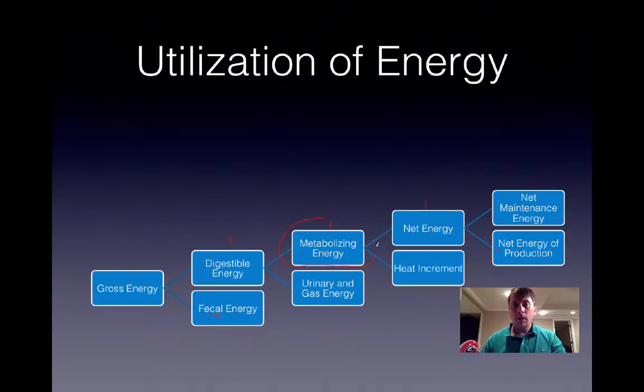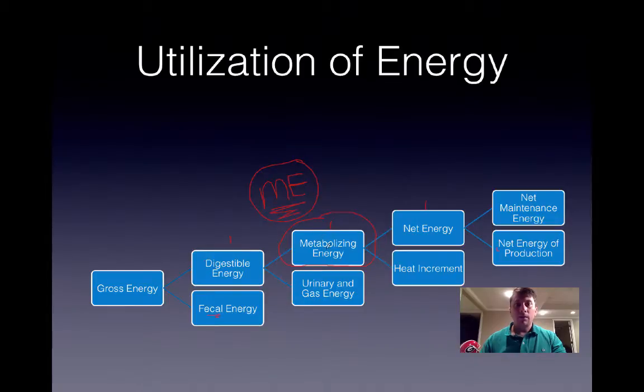Probably the most common reference to energy in giving you values for poultry feed and the ingredients that go into poultry feed is metabolizable energy. You'll see it in feed formulations a lot.